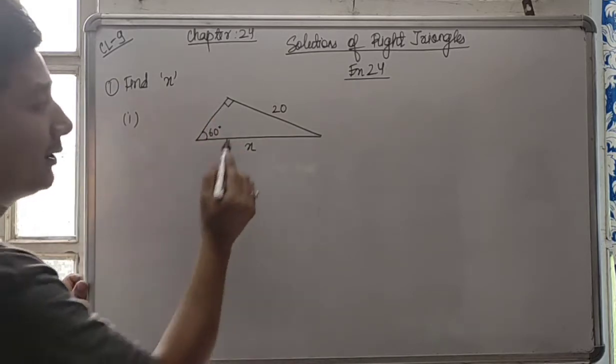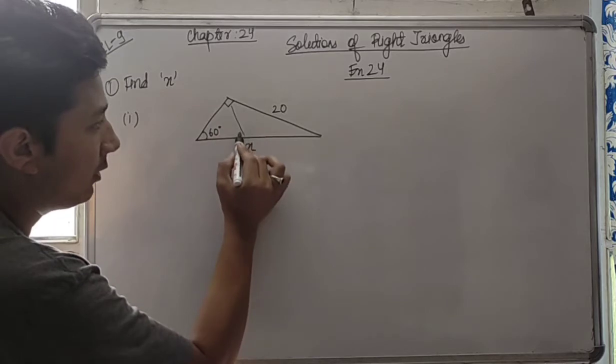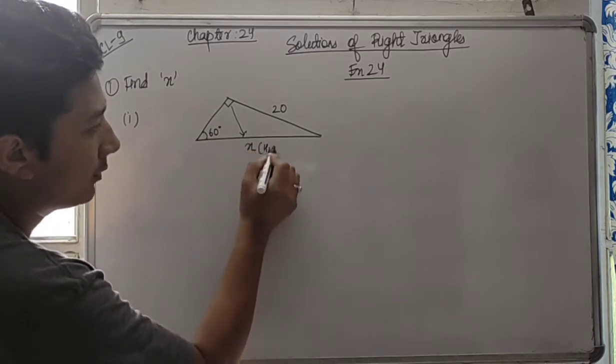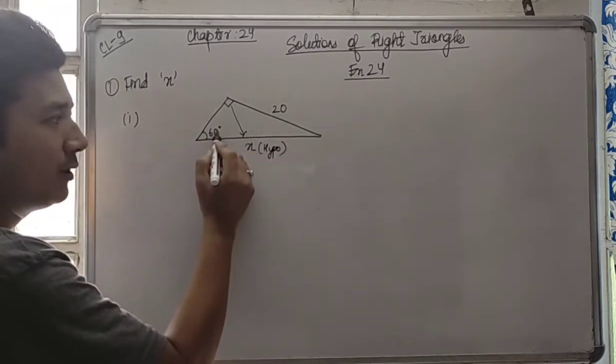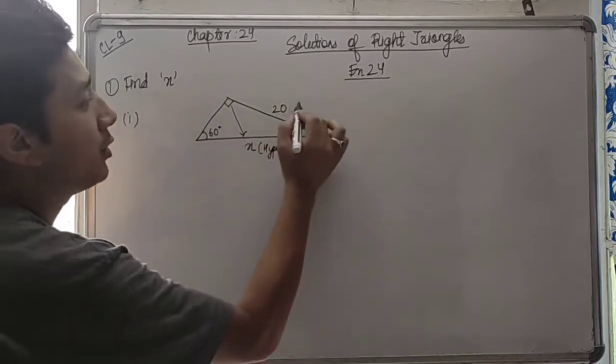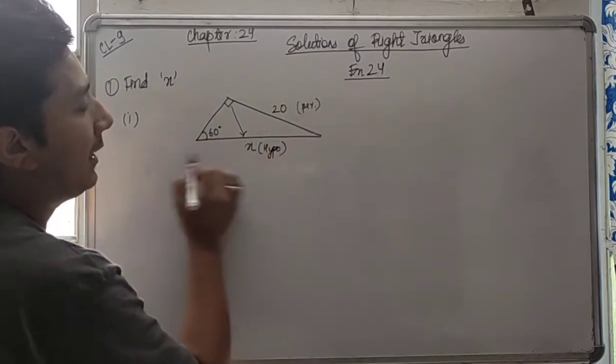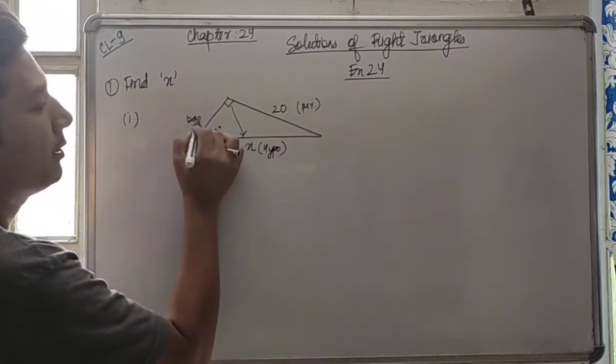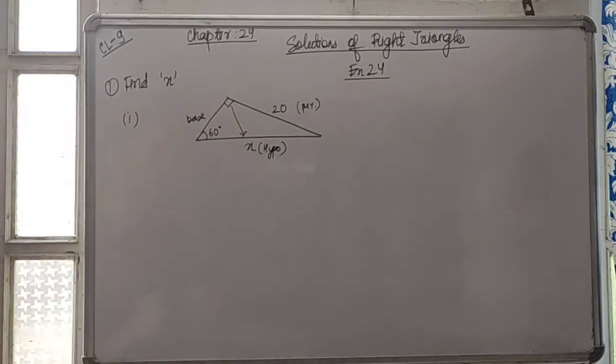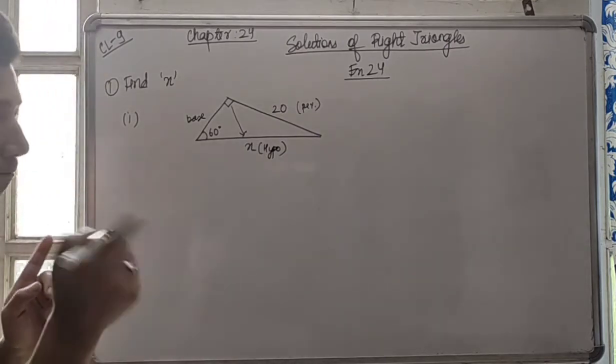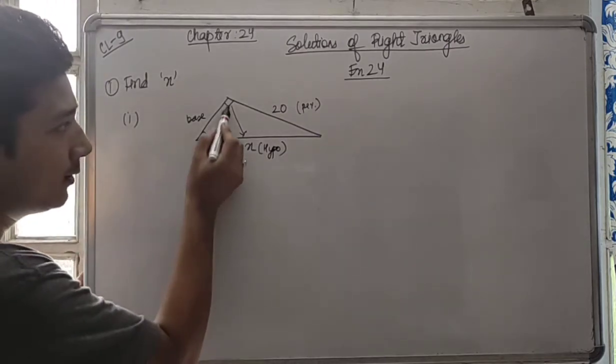We know the side opposite to 90 degree is always my hypotenuse. The side opposite to the concerned angle is going to be my perpendicular, and the remaining one is my base. So tell me now, which trigonometric ratio can I use? Some People Have.